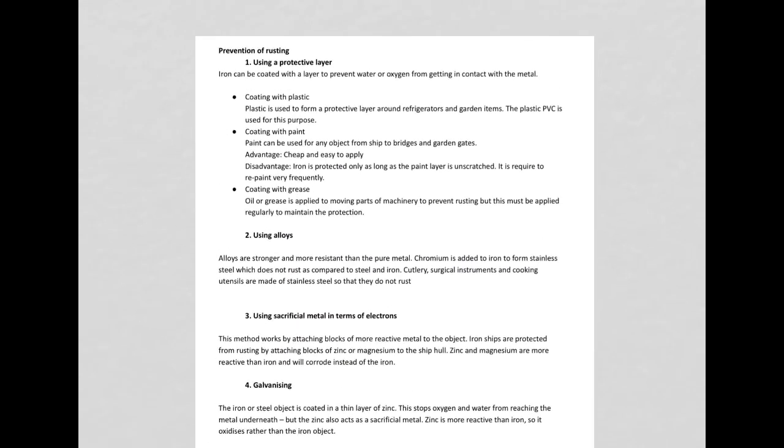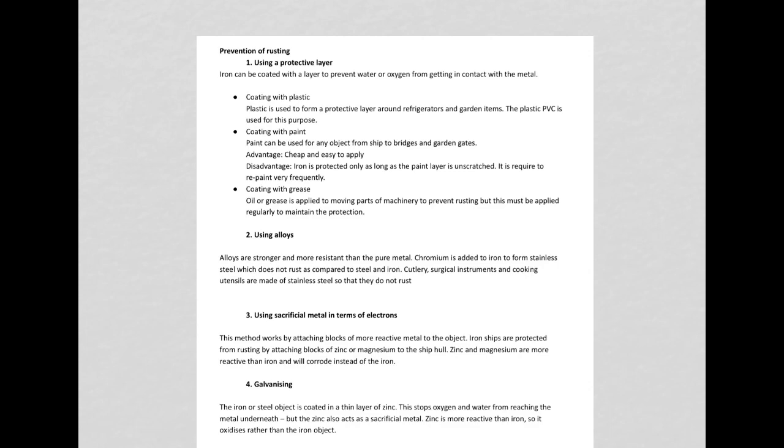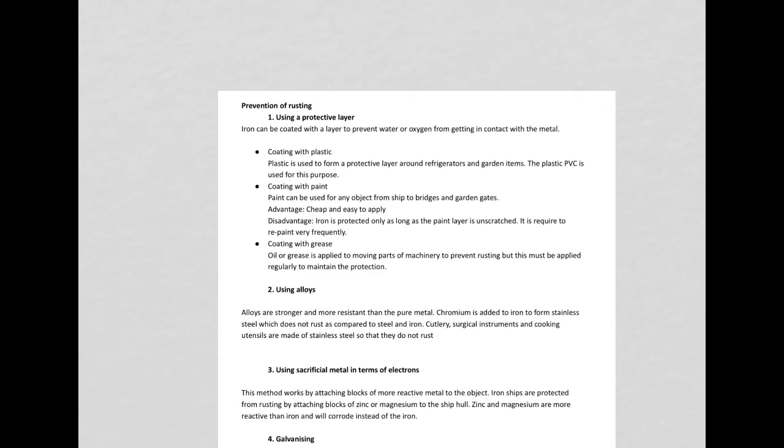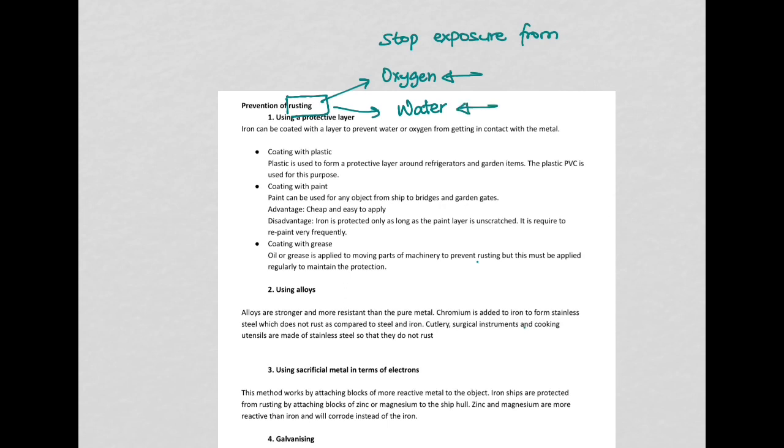There are several methods to prevent that, and as we're preventing rusting, the main idea is to prevent exposure to oxygen and water. These are the two factors that cause rusting. So we coat with anything that prevents these two from attacking the iron: coating with plastic, coating with paint, coating with grease.